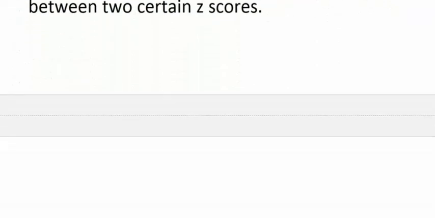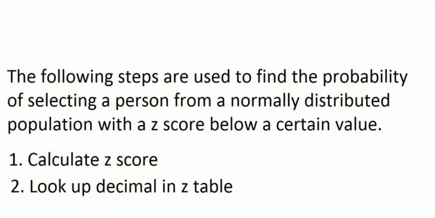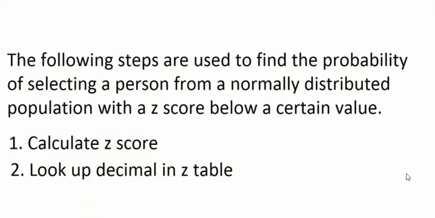So let's go over the steps for each of these three situations. Like I said, we'll be solving three types of problems in this video: a below problem, an above problem, and a between problem. These are the steps for the below problem. To get the probability that the randomly selected individual will be below a certain z-score, you calculate the z-score, then you look up the answer in the z-table.